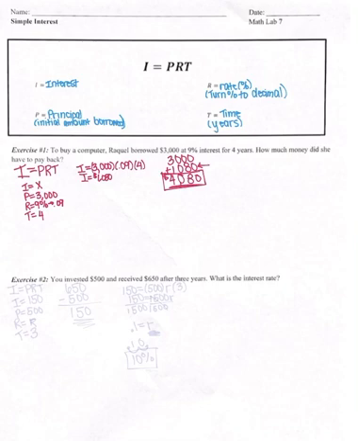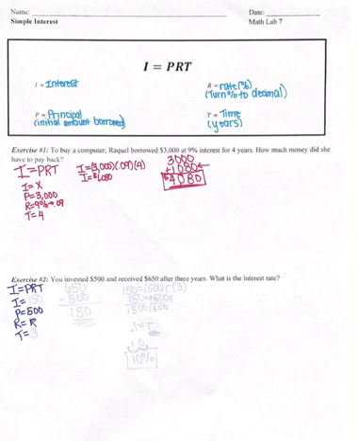Awesome. So remember, let's write down our formula. I equals P times R times T. We're going to write down I equals, P equals, R equals, and T equals. So the initial amount, or the principal, is $500. The rate is what we're looking for, so we're going to keep that.